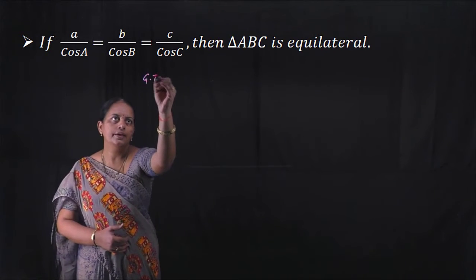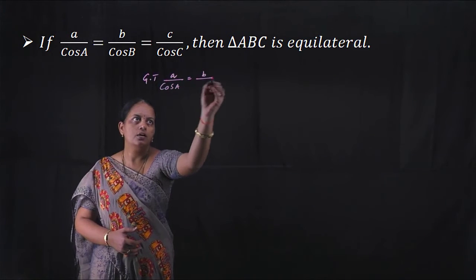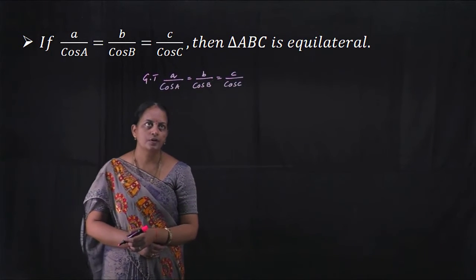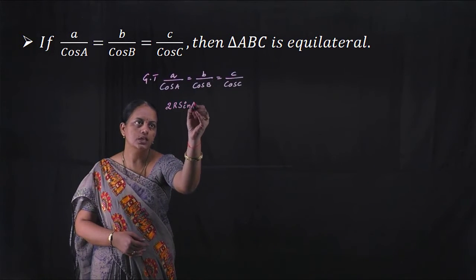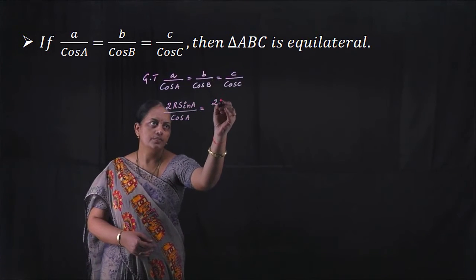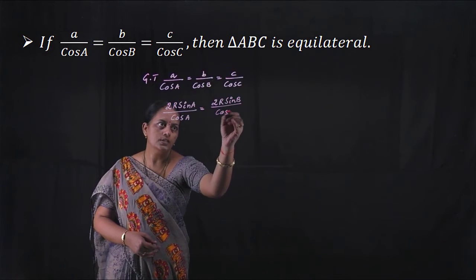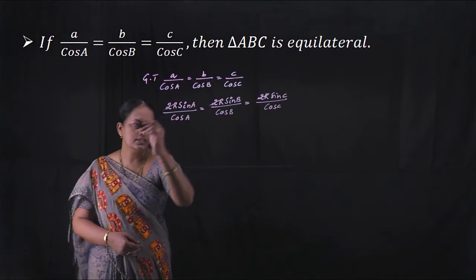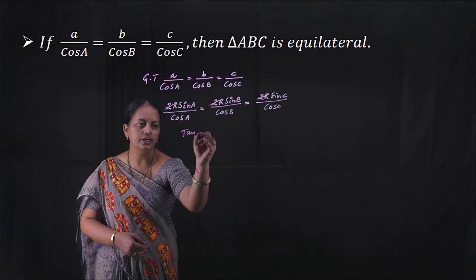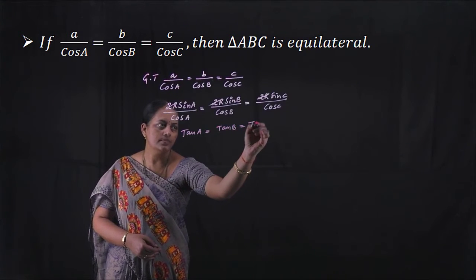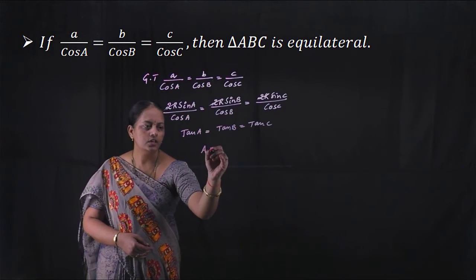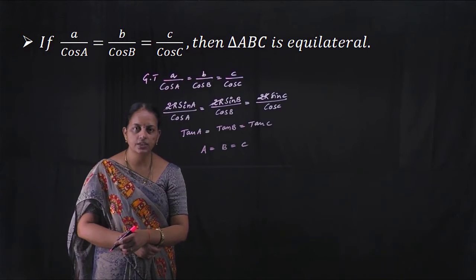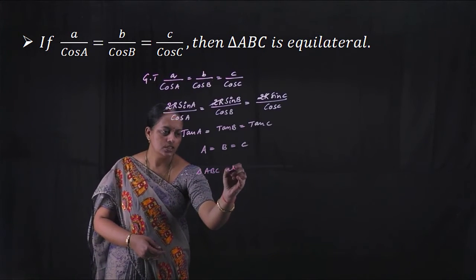Given that, from sine rule, we know that small a is equal to 2R sine A, so a by cos A, equal to small b, 2R sine B by cos B, equal to small c, 2R sine C by cos C. In all the cases 2R gets cancelled and the remaining part is sine A by cos A, tan A. Similarly, tan B and tan C. On comparing, we get A equal to B equal to C. In triangle ABC, angle A equal to angle B equal to angle C, then we say that the triangle is equilateral. Therefore, triangle ABC is equilateral.